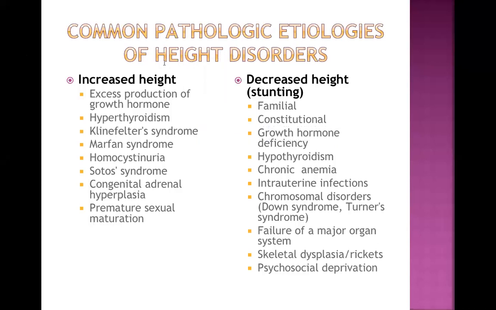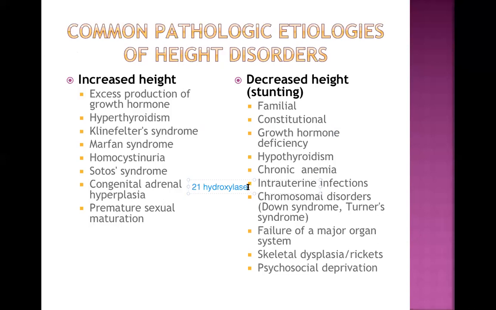Maybe some of the students know which enzymes are deficient. Anybody? 21 beta hydroxylase and 17 hydroxylase. Very good. 21 hydroxylase is the most common enzyme deficient in congenital adrenal hyperplasia.